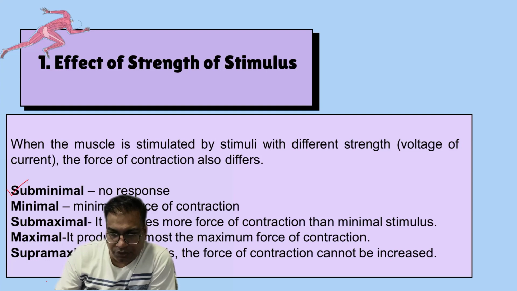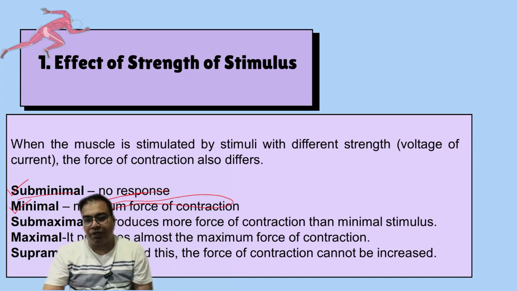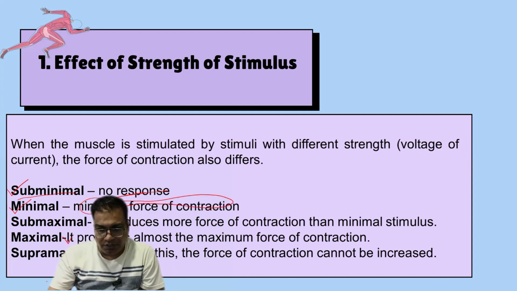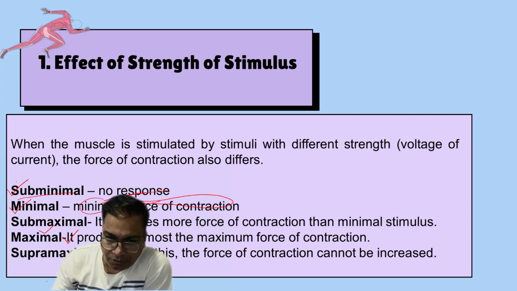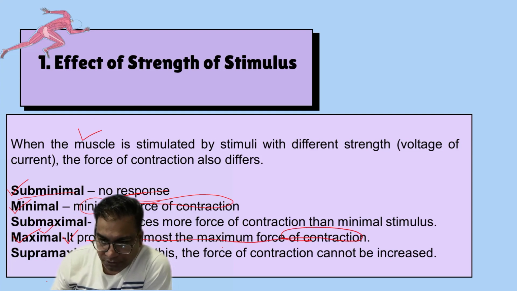The first one is the effect of strength of stimulus. If the strength of stimulus is subminimal, there is no response. If it is at a minimal level, minimum force of contraction would be generated. If it is submaximal, it produces more force of contraction than minimal. If it is at a maximal level, then it produces the maximum force of contraction.